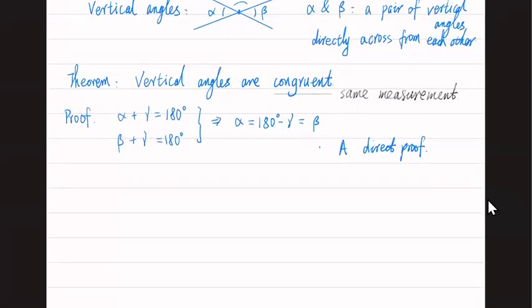Okay. We have more examples of direct proof. Another simple fact.